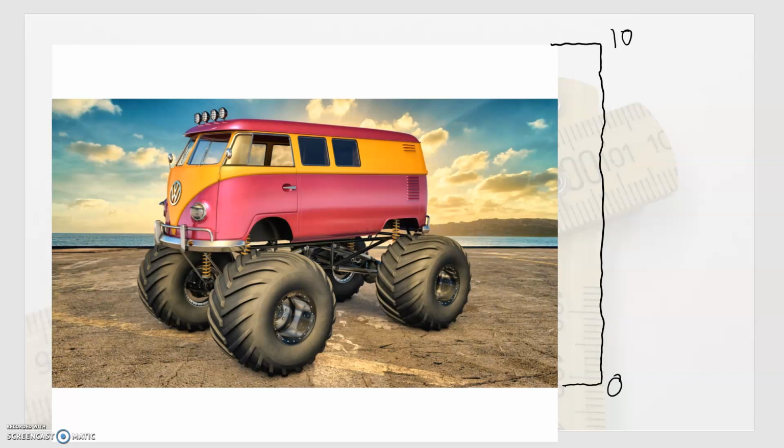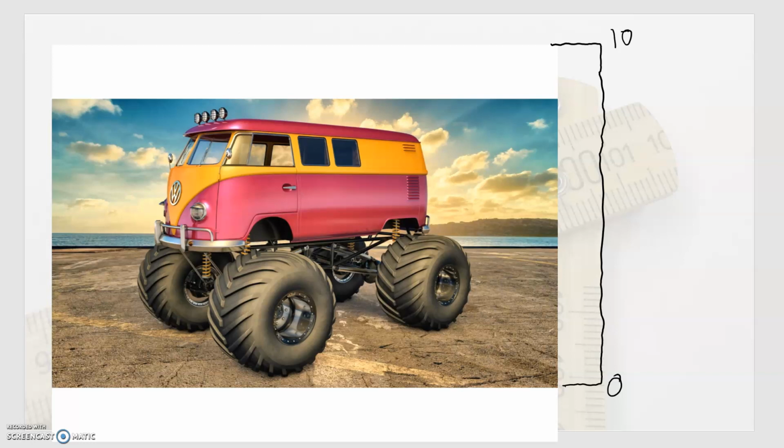So what does that even mean? If we're measuring the height of this totally awesome VW bus, and we have this meter stick kind of thing, a ruler on the right hand side. It's very crude, but let's just say we have this measurement tool and it goes from 0 to 10 meters, and that's all we have.